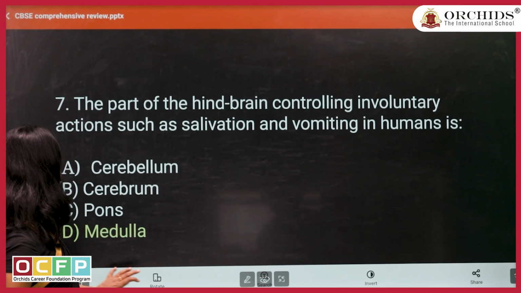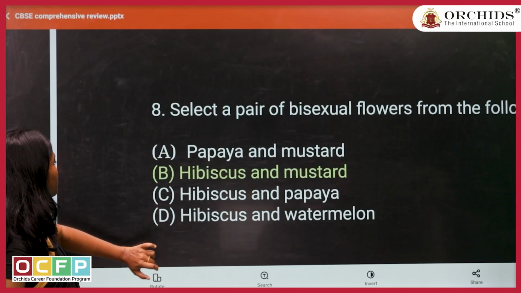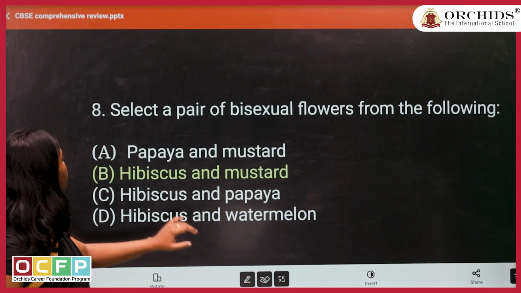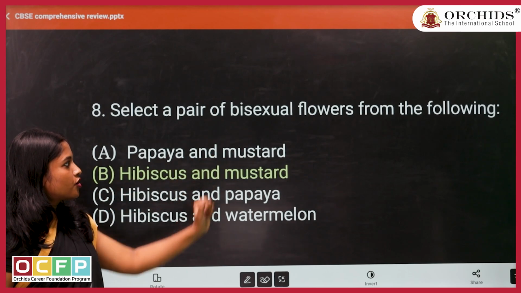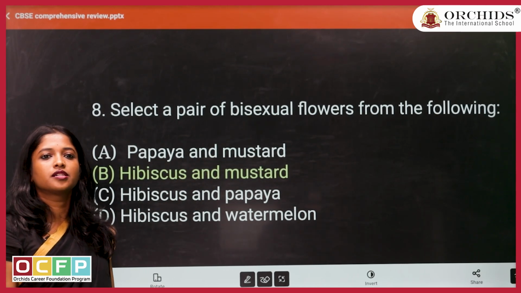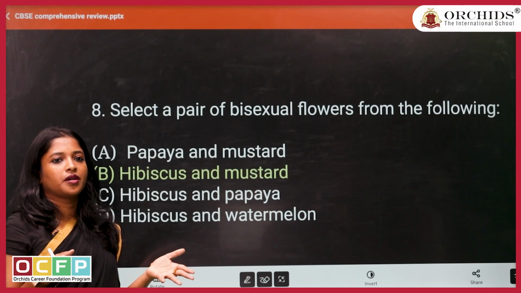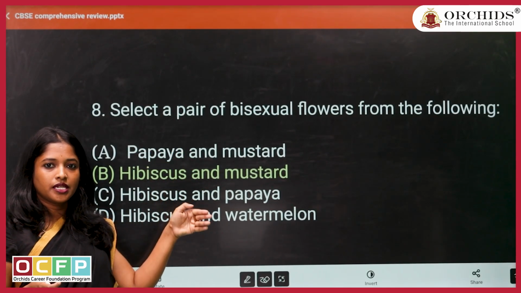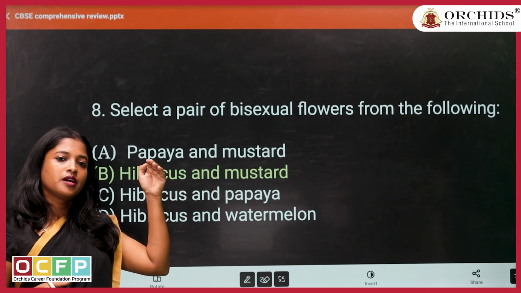We will be moving on to the next MCQ, the 8th one in the paper. Select a pair of bisexual flowers from the following. Bisexual flowers have both male and female organs in the flower, so the pistil as well as the stamen will be there.